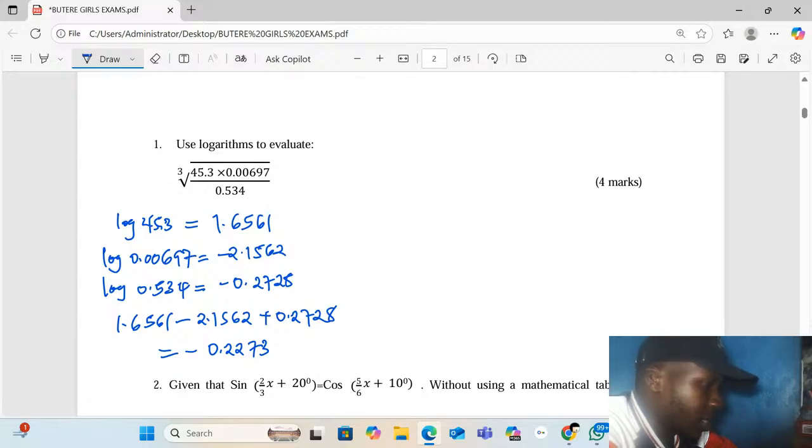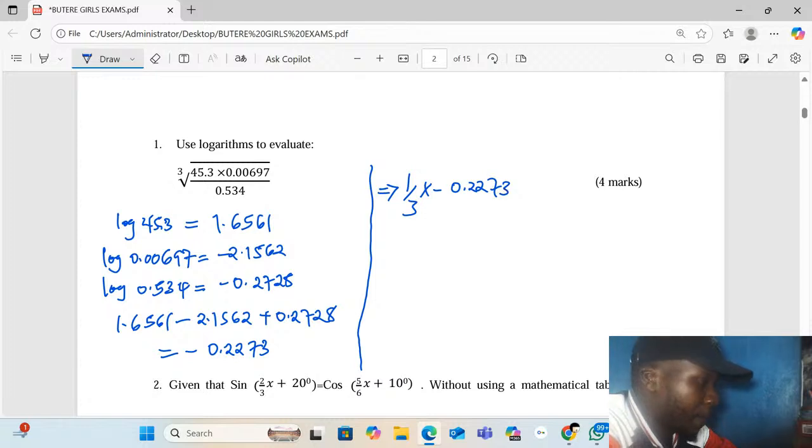Now we have the cube root of negative 0.2273. That is the same as a third of negative 0.2273, so our answer is negative 0.0758.